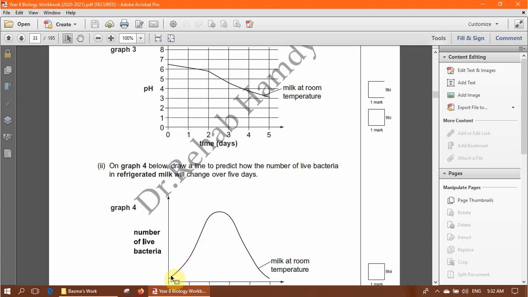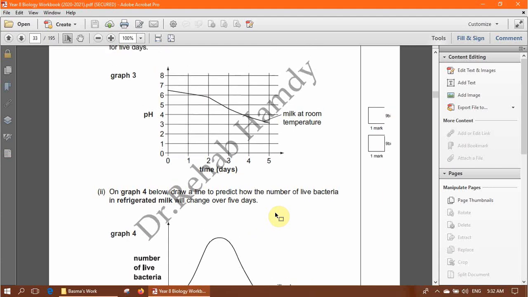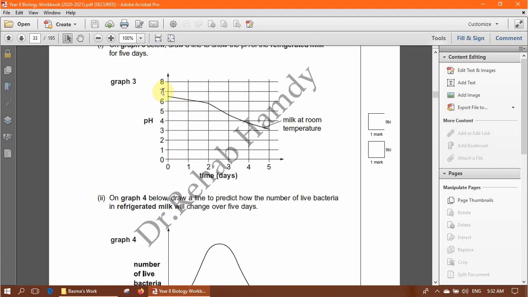For example, you can get it like this and go up slowly until day 5. How can I get this? For example, the pH was 5 at day 5.